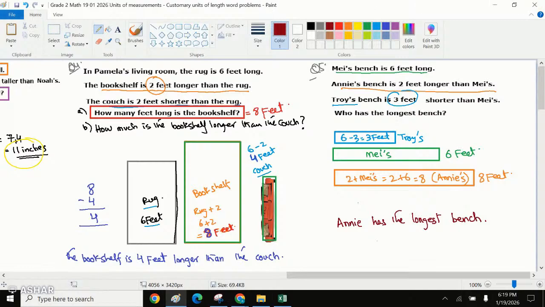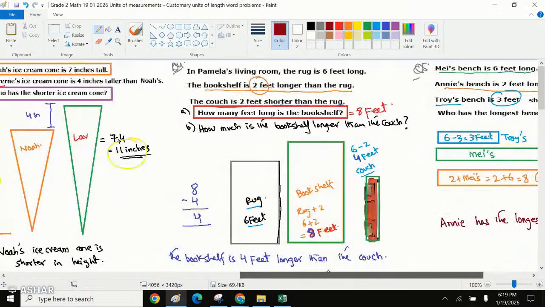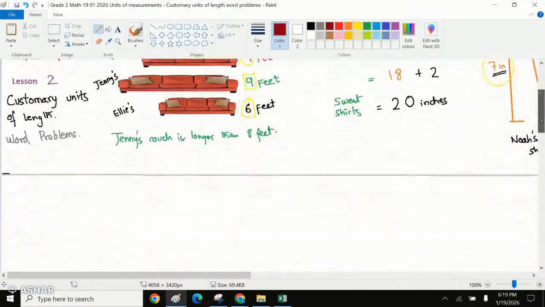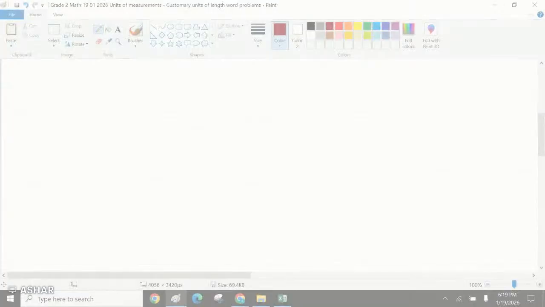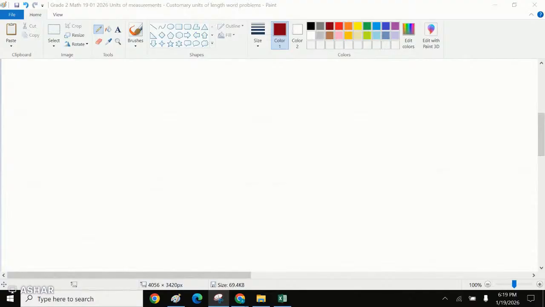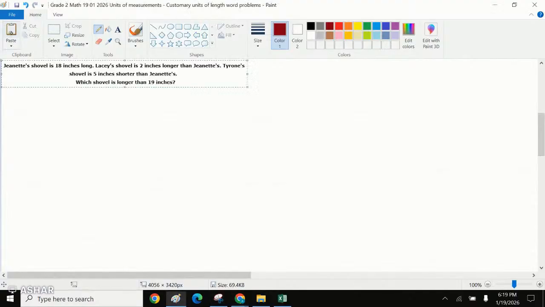Let's see, what do we have in the next question? Okay. The next question they are saying it's a shovel. Okay.